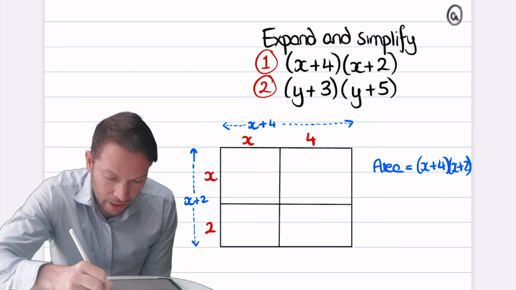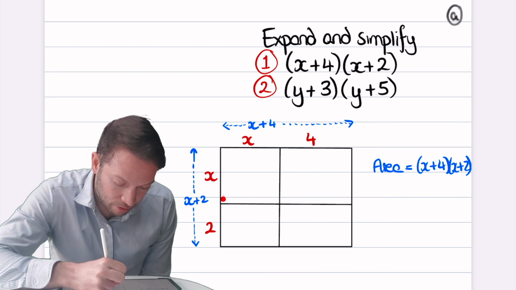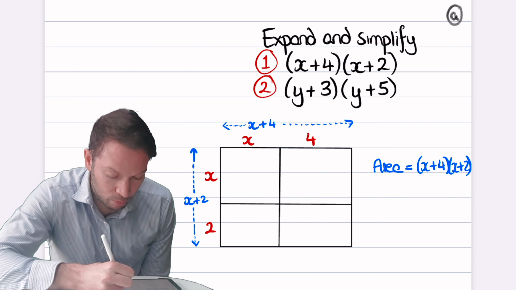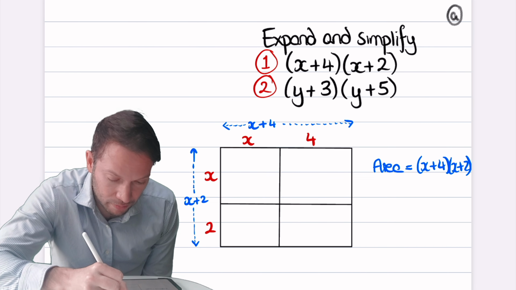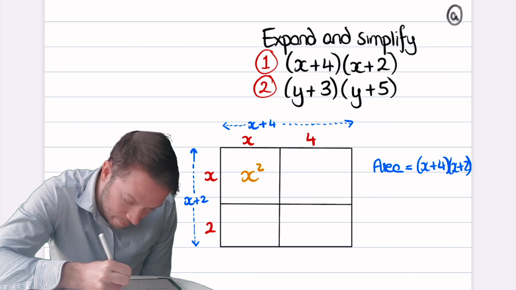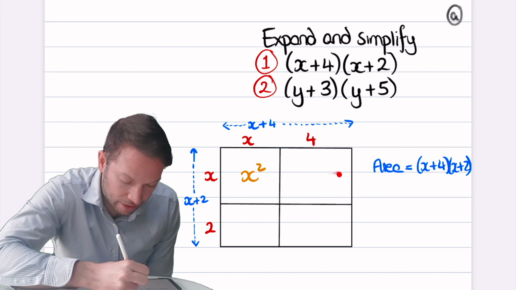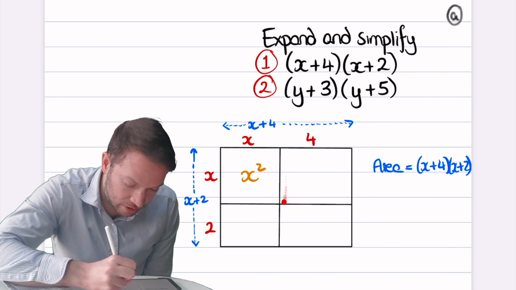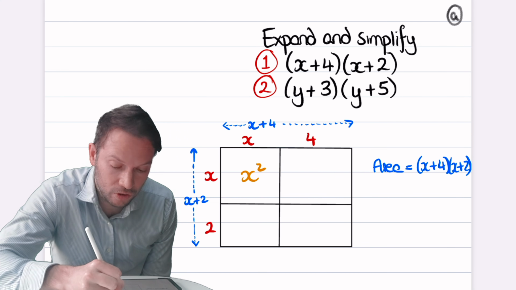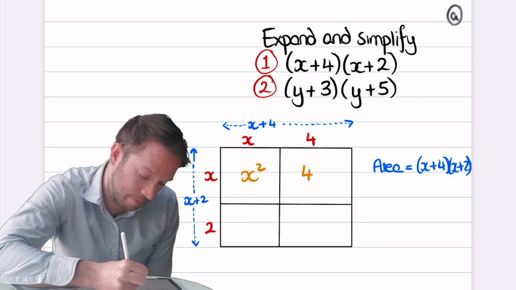We've got this rectangle here, and the area of that rectangle will be the length times the height. So it'll be x times the x, and x times x is x squared. Then for this rectangle here, we've got the length of 4 times the height of this x here. 4 times x is 4x.